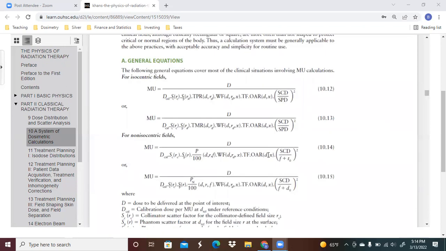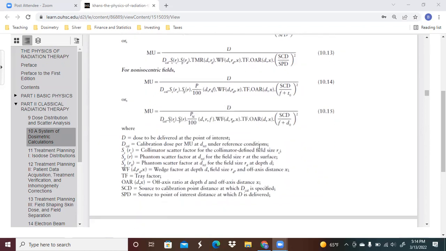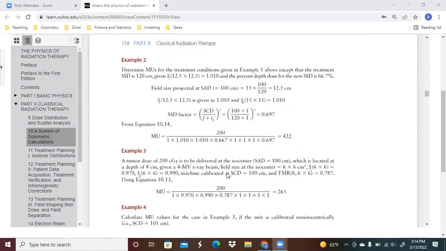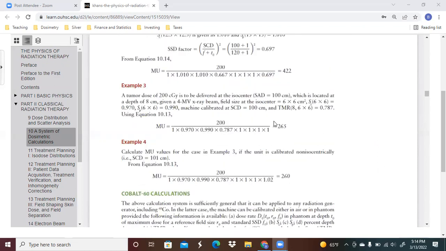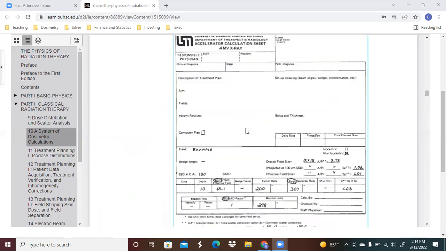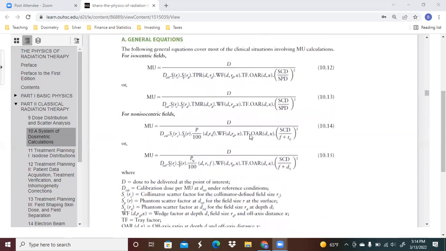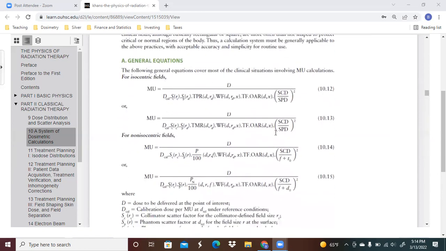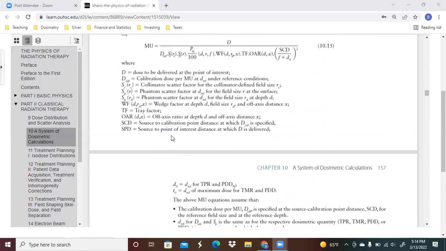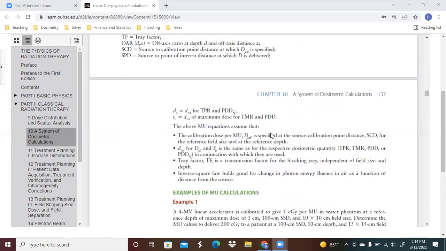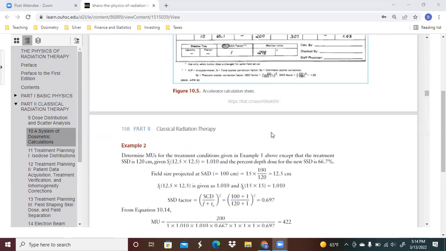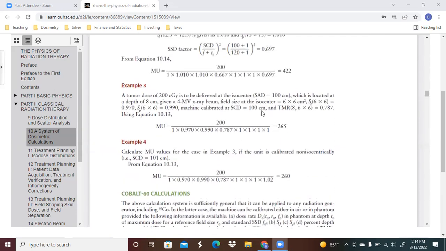And then we've got the source to calibration distance, which, since it is calibrated at 100, you'll notice the factor here is going to be 1. And since that SCD is 100, the SPD in this particular case, the source to point of interest distance at which D is delivered, is also going to be 100. So 100 divided by 100, and then you square that, is going to be the 1.